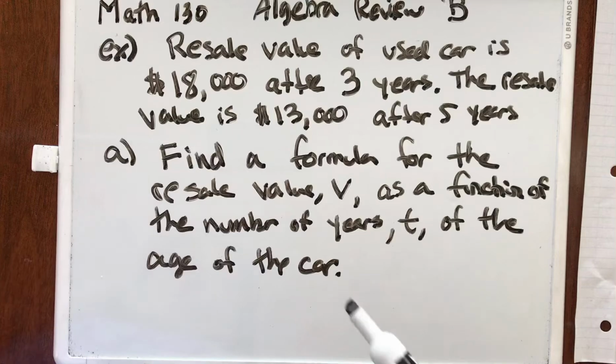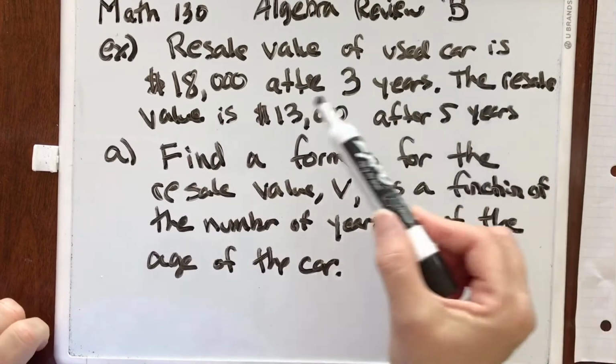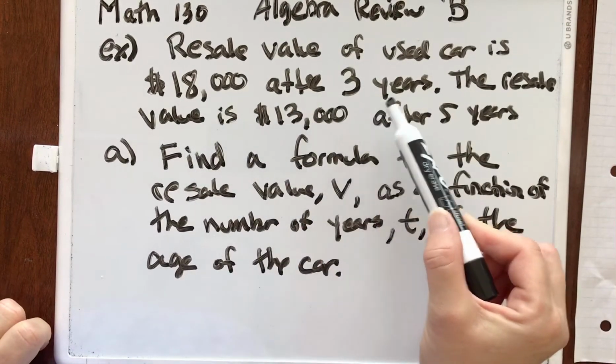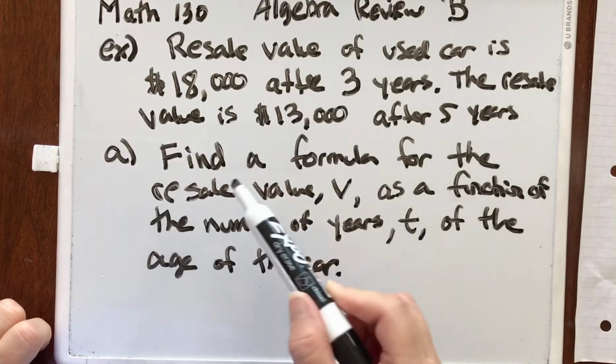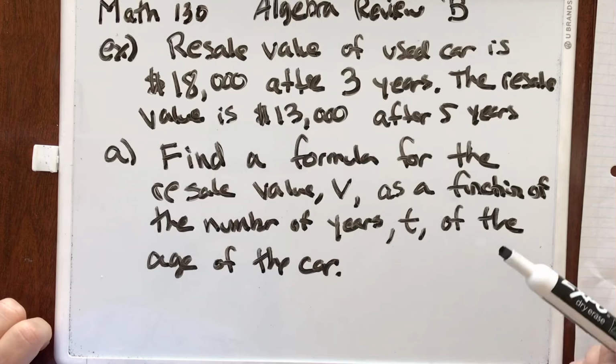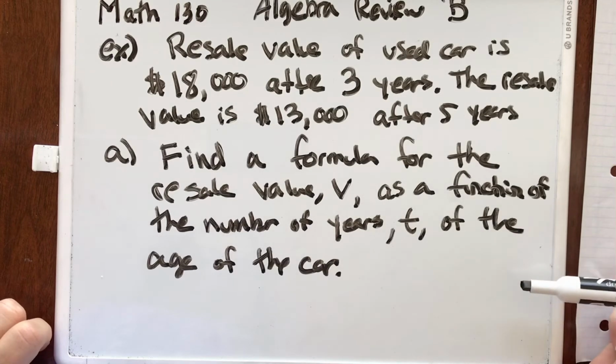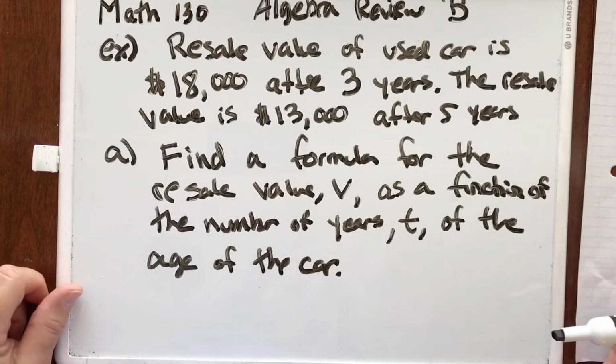So I'm going to read that again. Resale value of a used car is $18,000 after 3 years. The resale value is $13,000 after 5 years. A, find a formula for the resale value V as a function of the number of years T of the age of the car.